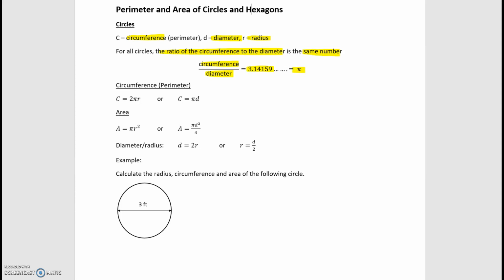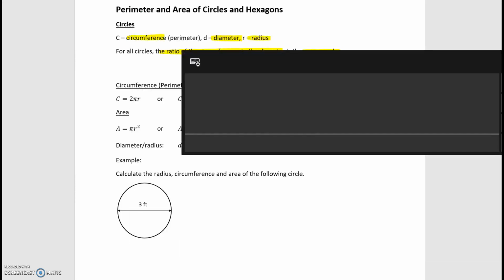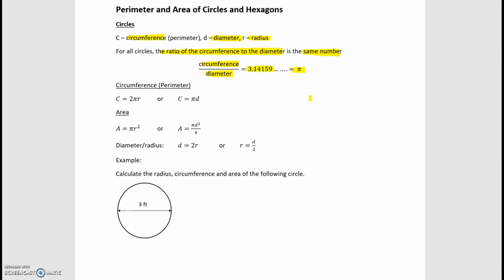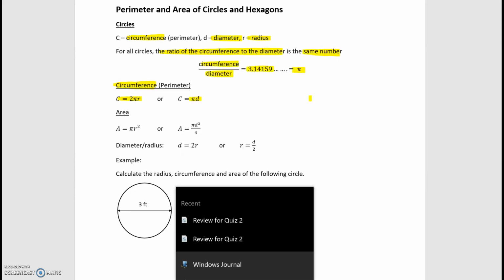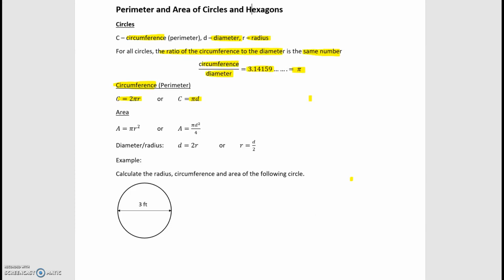Okay, so let's take a look at how to calculate circumference. We know that the distance around the circle, or in other words perimeter, but most commonly used as circumference, is calculated as 2 pi r, 2 times pi times radius, or, because we know radius is half of the diameter, pi d. We'll also be looking at how to calculate area of a circle.